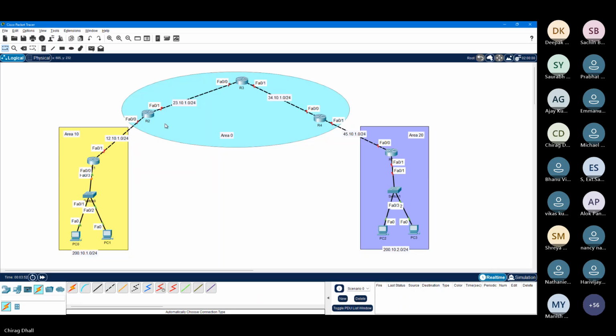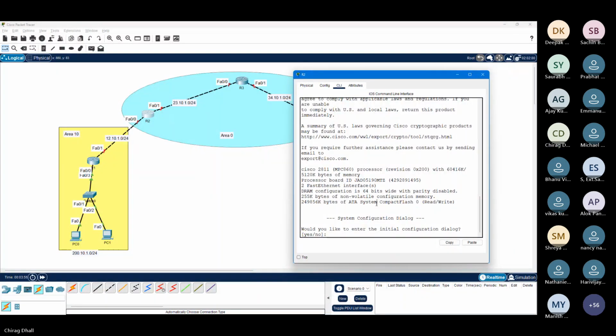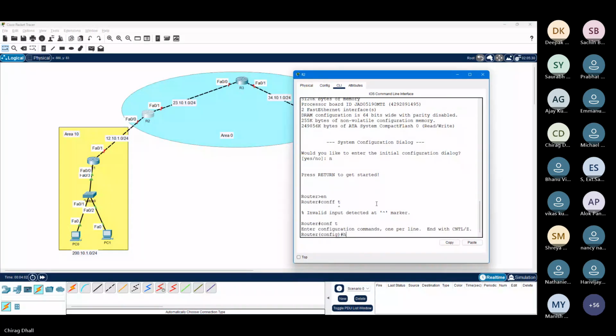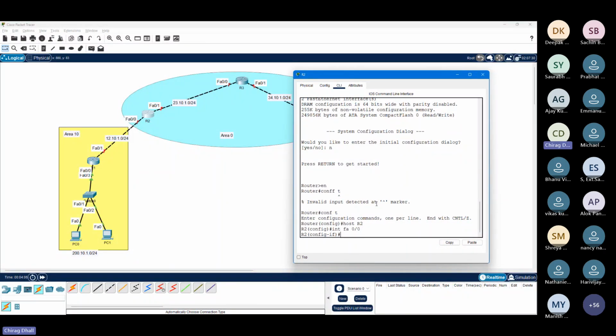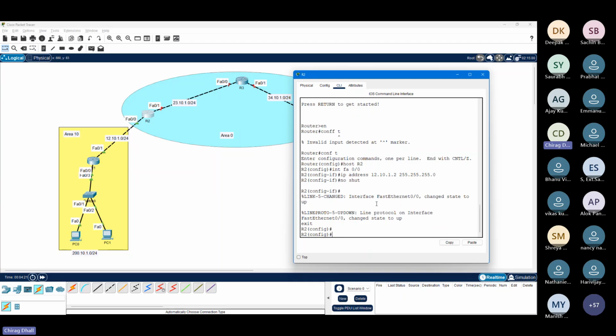Exit. Then I'll go to the router 2 CLI. Say no to the question. Enable, config t, hostname R2, interface Fa0/0, IP address 12.10.1.2 with subnet mask 255.255.255.0, no shutdown, exit.